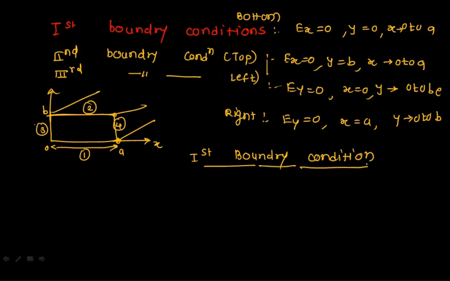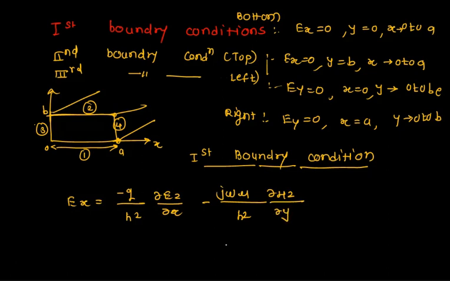So if I have a TE wave, I can write my Ex component is equal to minus gamma by h square d of Ez dx minus j omega epsilon divided by h square d of Hz divided by dy. Sorry, this must be the plus, I guess.